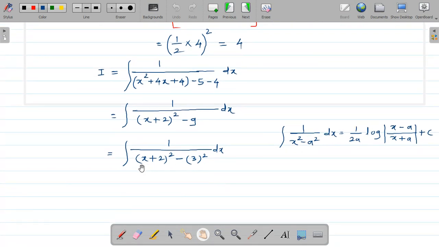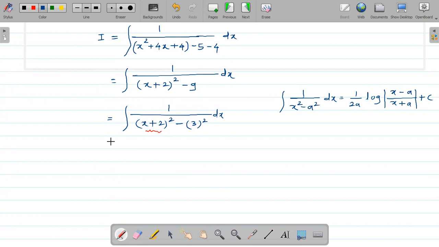Here in place of x there is x plus 2. Okay, now if you want to apply this rule, then see how will you apply this. So it will be 1 upon 2a, a is here 3, because 3 square, into log of modulus of, now x minus a, x means here it is x plus 2, minus a means 3, upon x plus a, so x plus 2 plus 3, like this, and divided by the derivative of x plus 2.